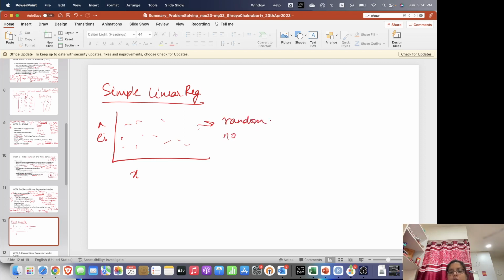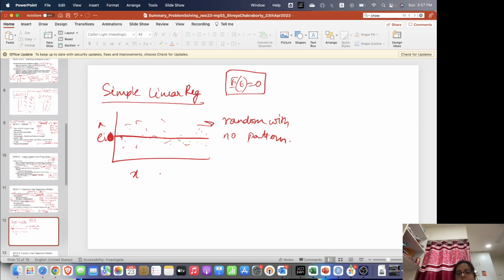It should be random with no pattern, and it should be clustered near the 0 point, because we had this assumption that the expectation of the error is equal to 0. It should be clustered near the residual equal to 0 line, y equal to 0 line, and there should not be any pattern. This one is equivalent to plotting the residual versus predicted.